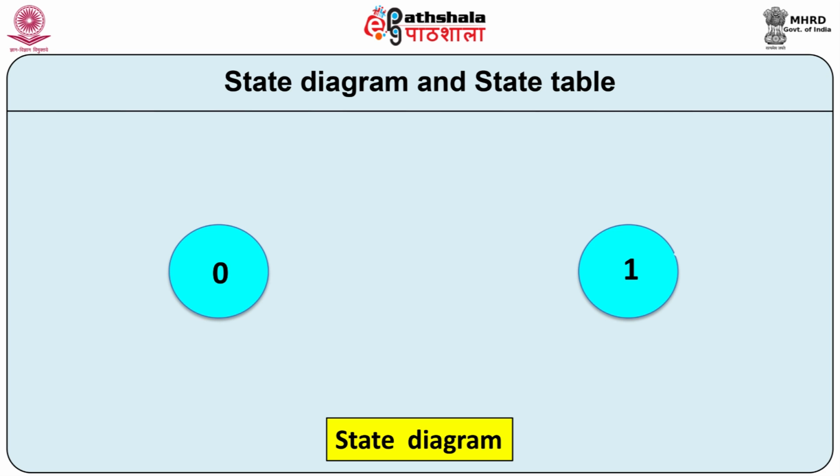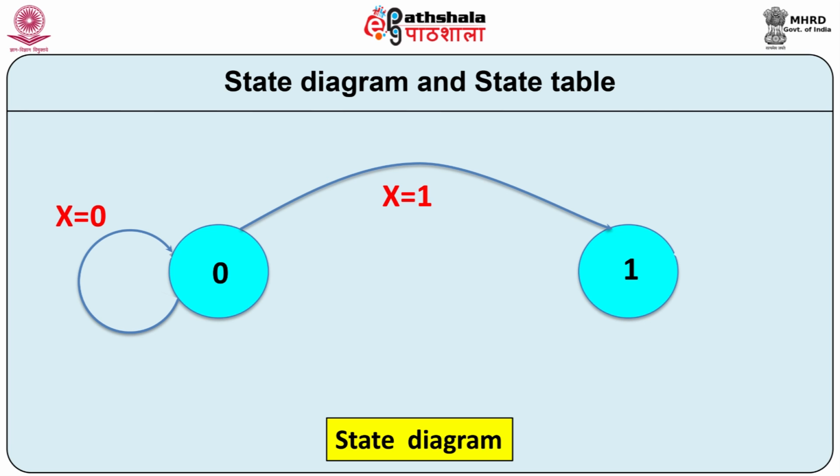When the circuit is in the state 0 and if input x is equal to 0, then the state remains in the state 0. This is known as self transition. If the input x becomes 1, then the circuit makes transition from state 0 to state 1. This is referred to as state transition.